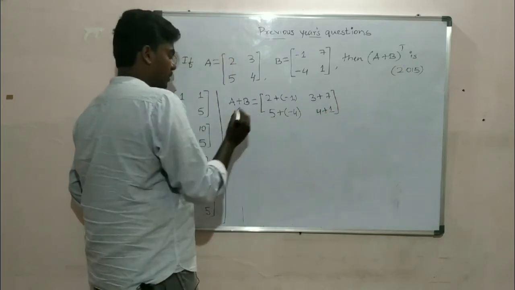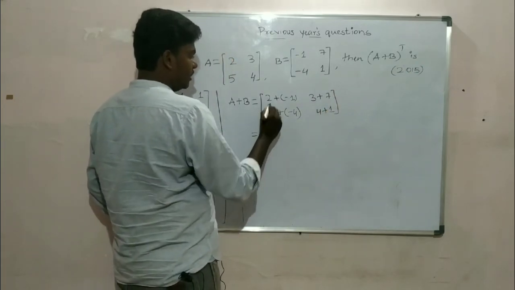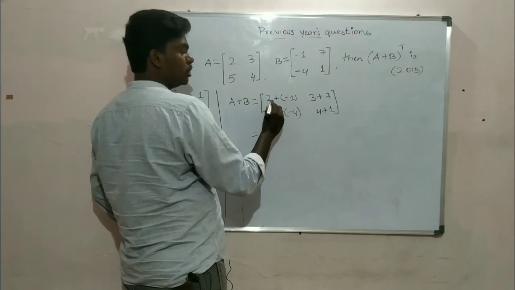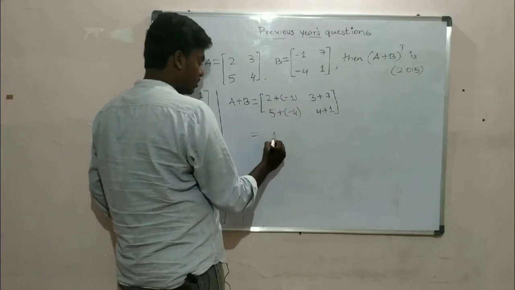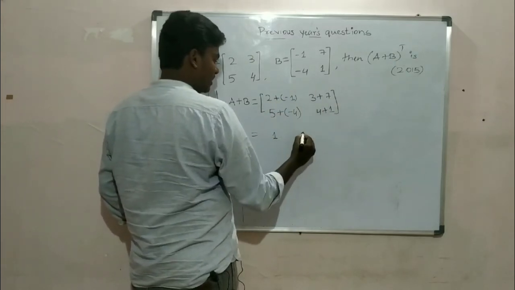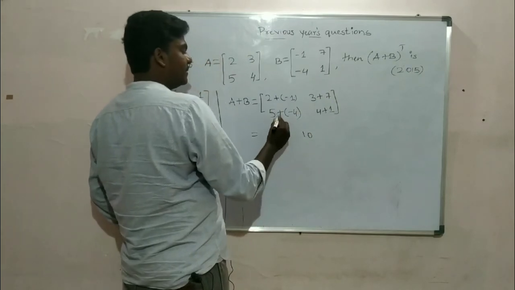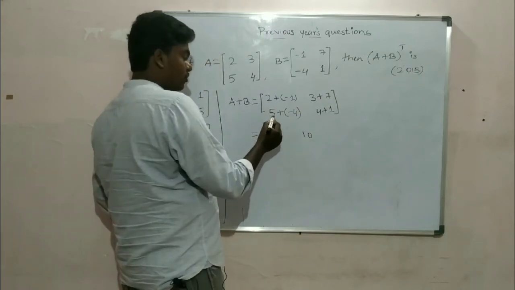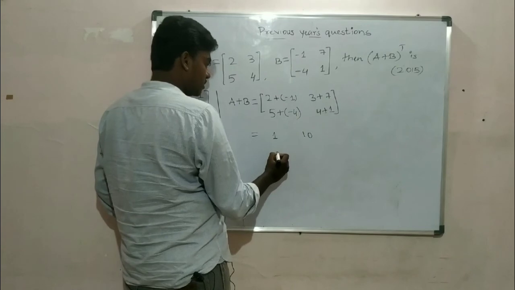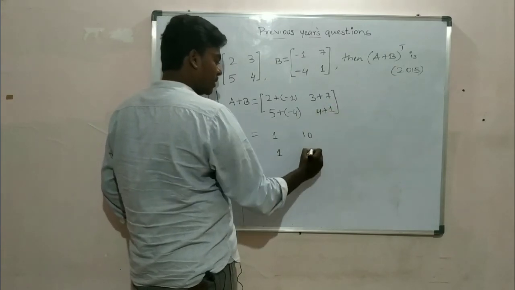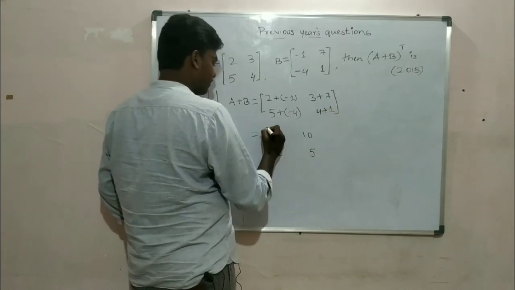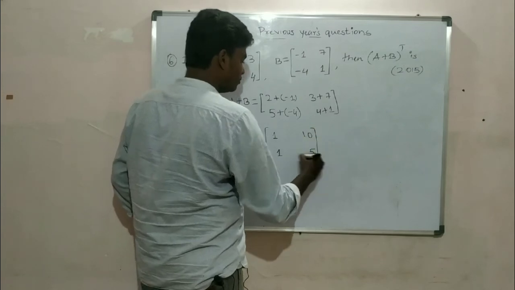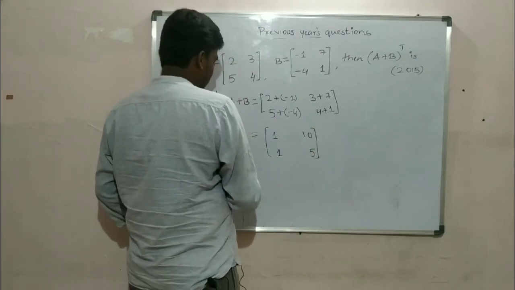Adding, plus into minus is minus, so 2 minus 1 is 1, 7 plus 3 is 10, 5 minus 4 is 1, 4 plus 1 is 5. Okay, so this is A plus B.